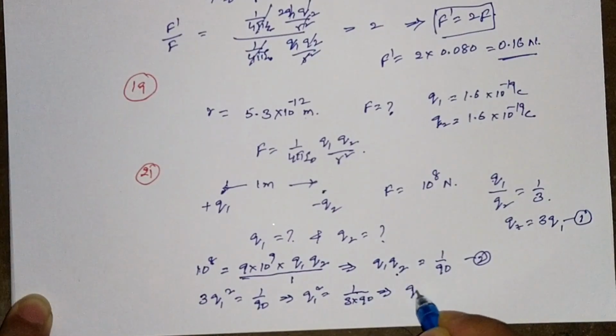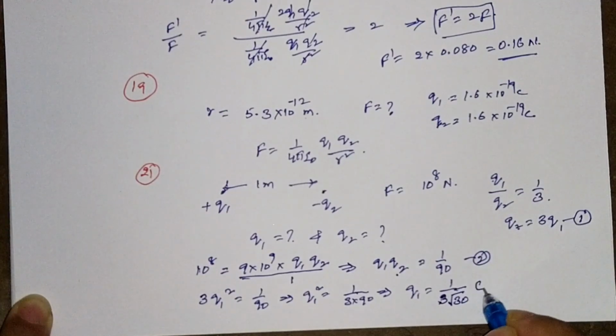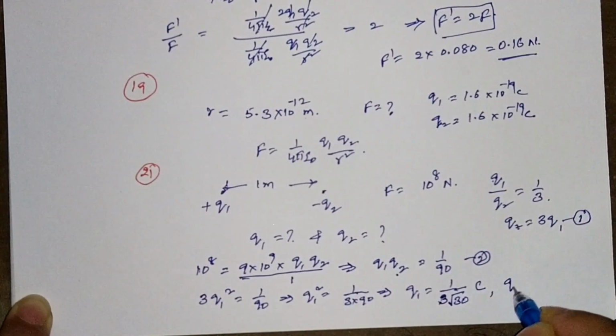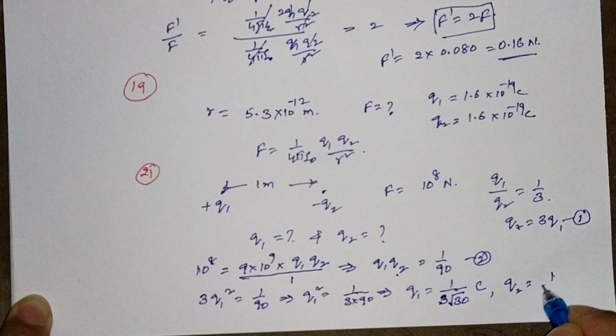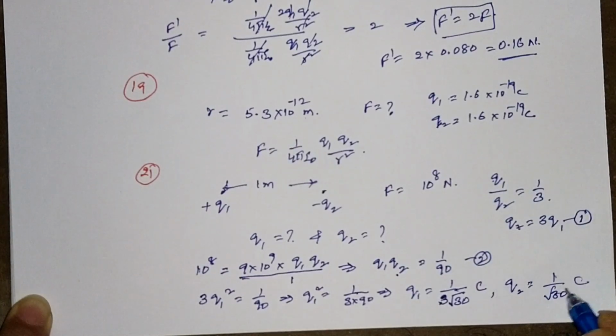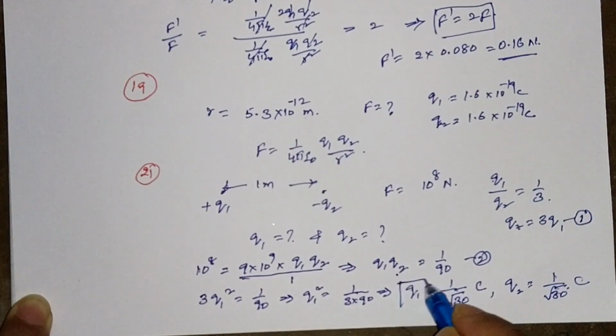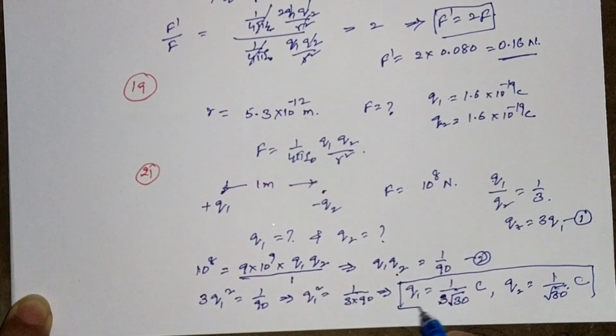Therefore Q1 value is 1 by 3 root 30 coulombs. Then what about Q2? 1 by root 30 coulombs. Okay, we got Q1 and Q2 values in this way.